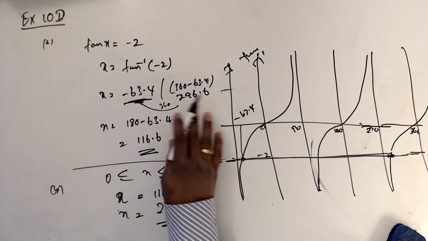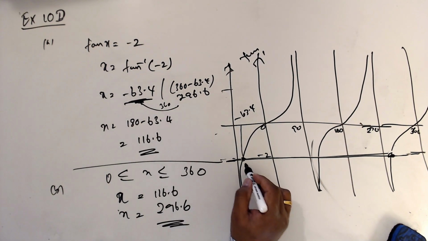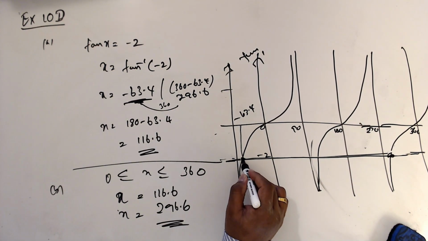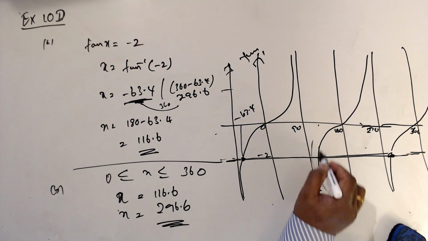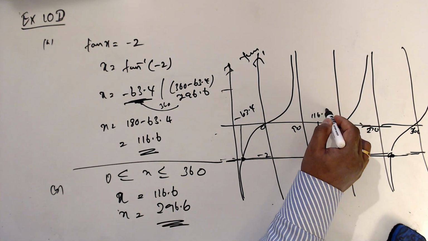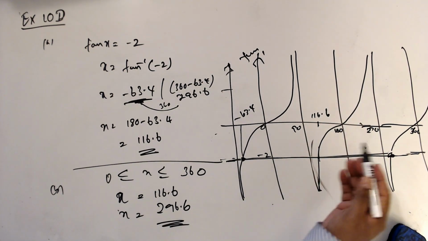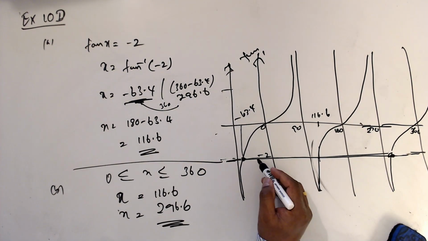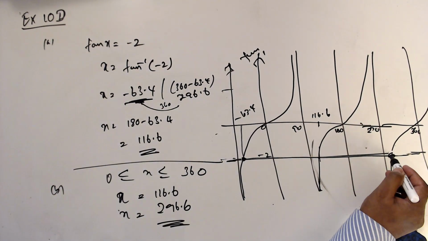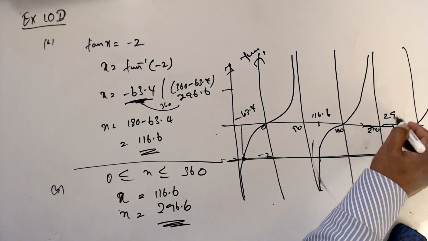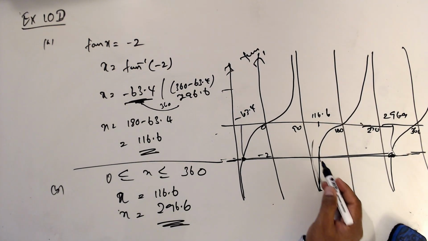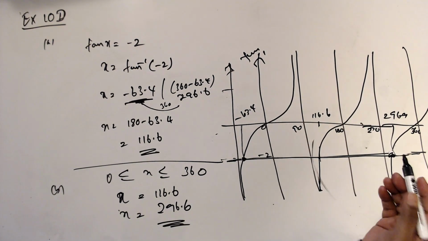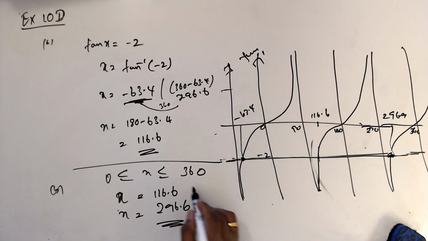And if you don't consider this one, okay, this is the first 63 point, then this is 116.6, and then you want to add 360 and go forward. So when you add this to 360, you will get 296.6. If you add 360 to here, it will go more than 360.